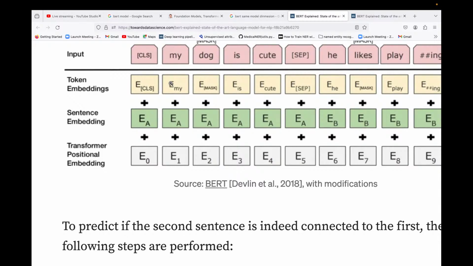Suppose there is the word reading, then it splits it into read and ing. And if any out-of-vocabulary word comes, because of subword tokenization it tries to get the meaning of those words. In this way the WordPiece tokenizer works.